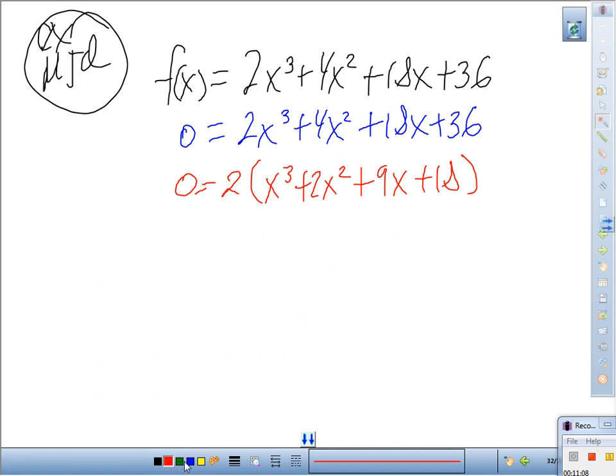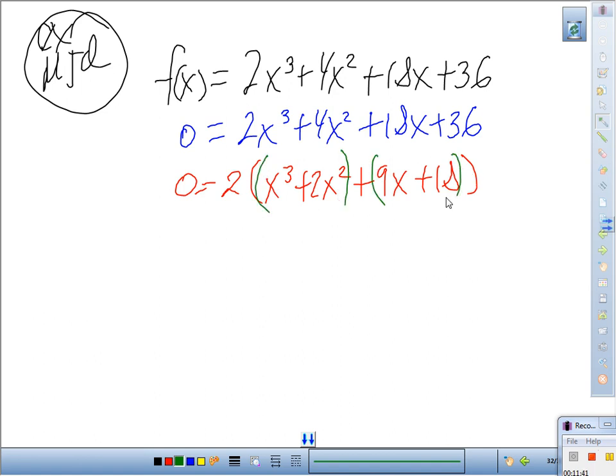Perla. Next step. Just read your third step. What is the third step? Factor. And which method are you going to use? By grouping. All right, let's see if it works.